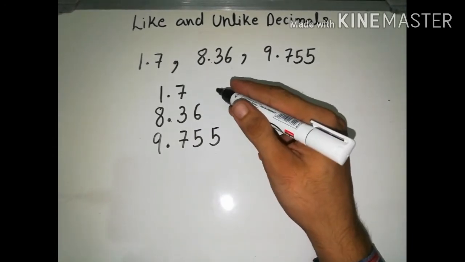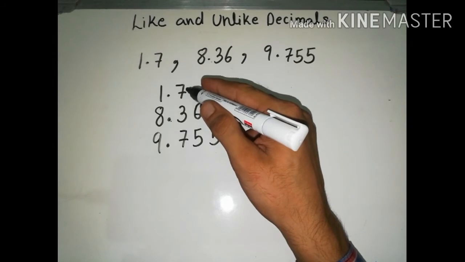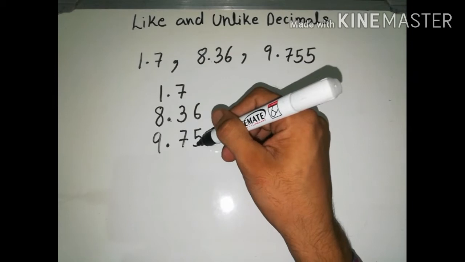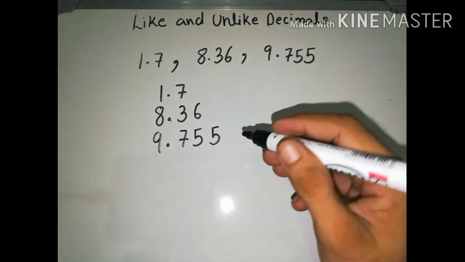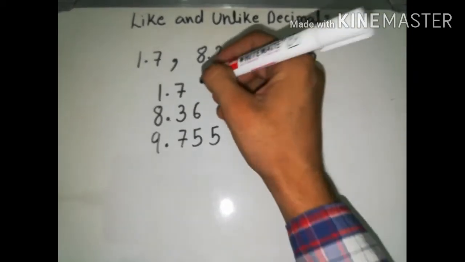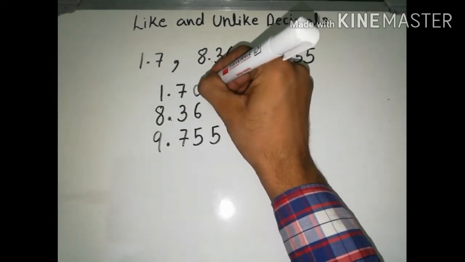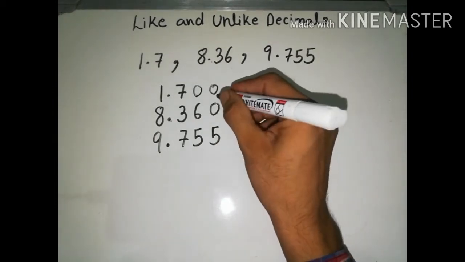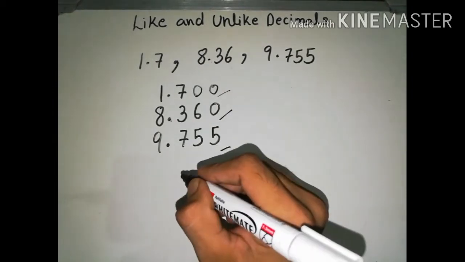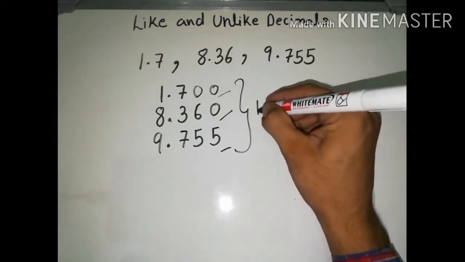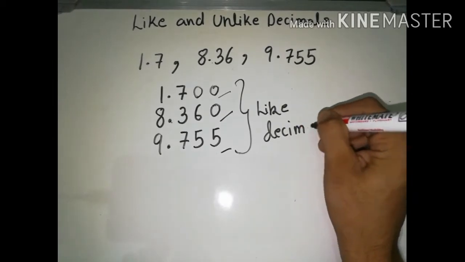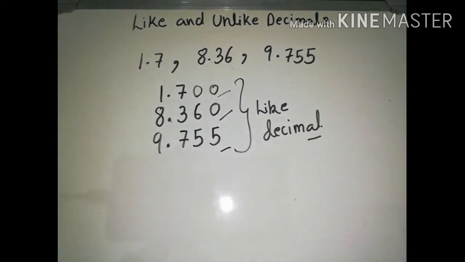Now they all are unlike because there is only tenths place in the first, tenths and hundredths in the second, tenths, hundredths and thousandths in the third. So to make them like, the remaining places we will fill with 0. So now all have an equal number of places after the decimal. So they all are like decimals. This is a very easy way to convert into like decimals.